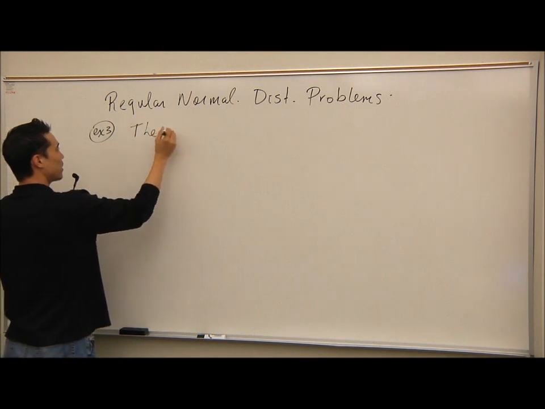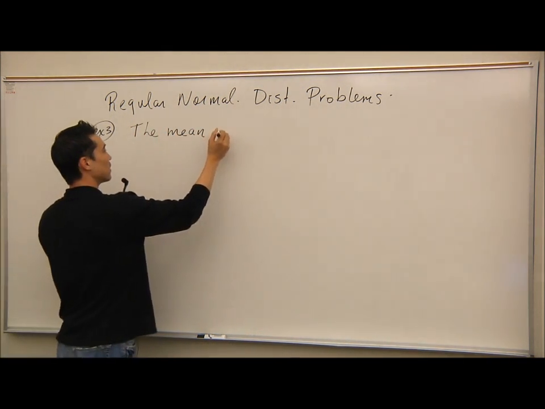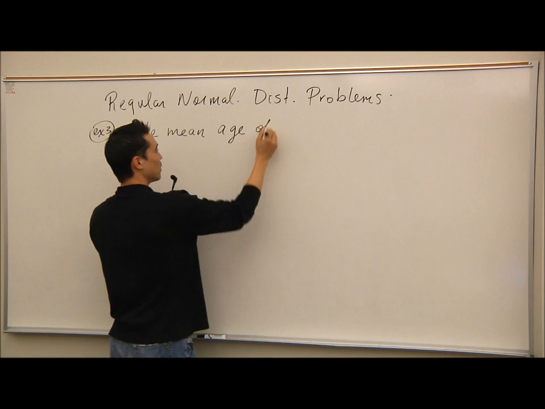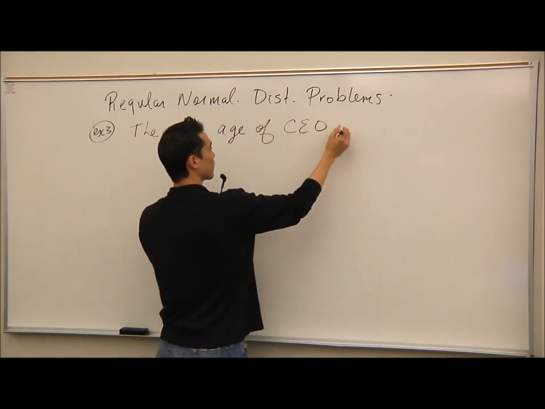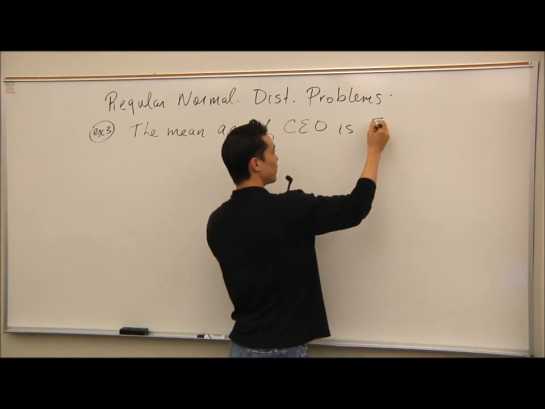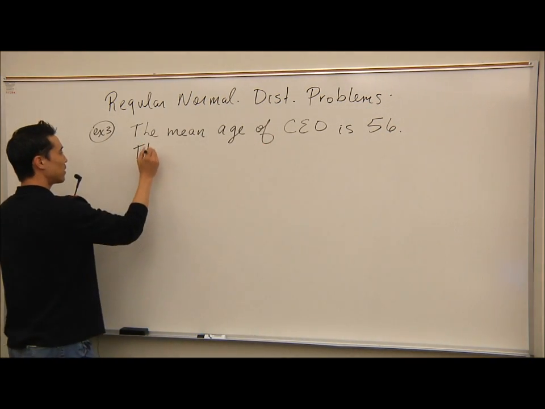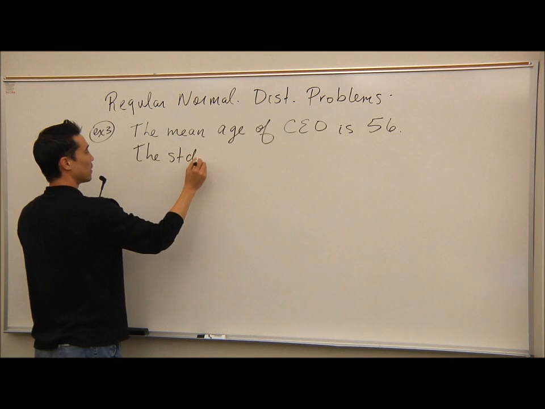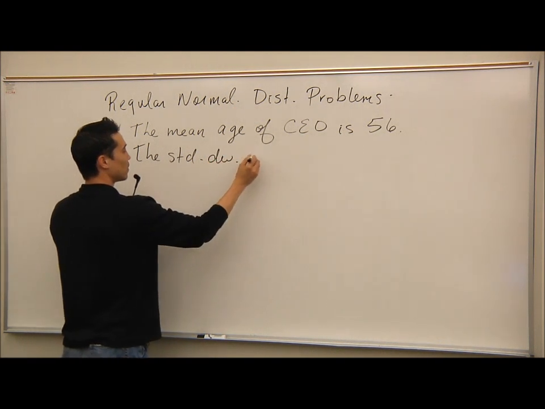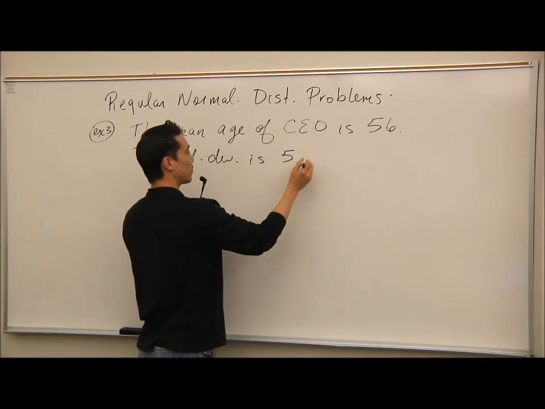All right, the mean age of a CEO is, let's say, 56, and let's say the standard deviation is 5.93.